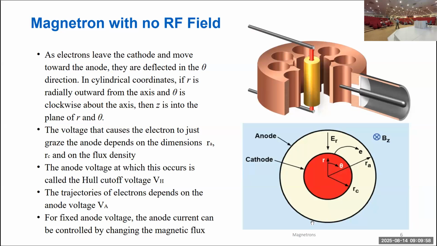Similarly, if we have a fixed magnetic field and vary the potential of the cathode, the same scenario happens. For small potential, the electron will hit back to the cathode, and for higher potential, it will hit the anode.